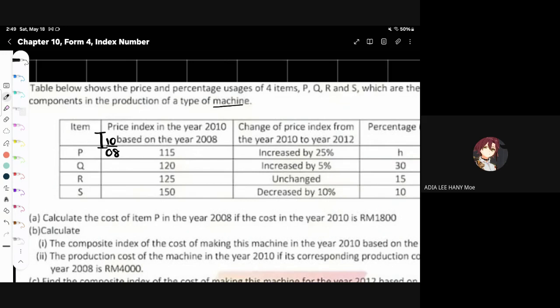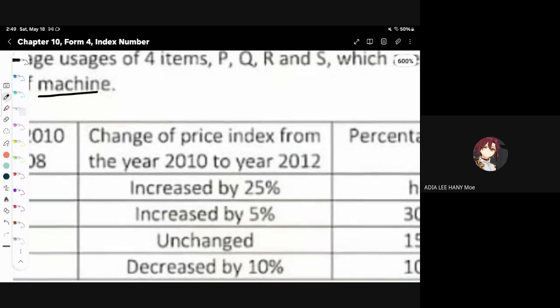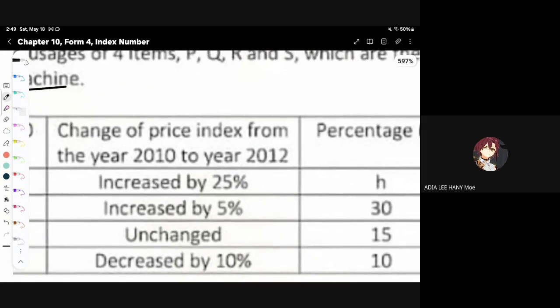Tahu tak Yasmin? Dia kata dia meningkat sebanyak 25%. Okay, the answer. Do we just type it?